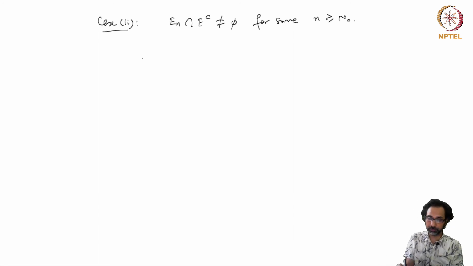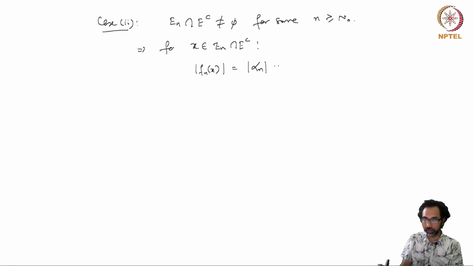So in this case, this means that for x in En intersection E complement, we have that the modulus of Fn(x) is equal to the modulus of alpha n, and then this is less than or equal to epsilon, because x belongs to En, so Fn(x) is simply equal to alpha n.